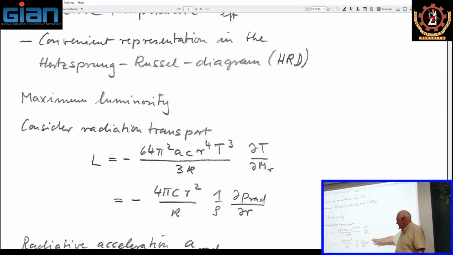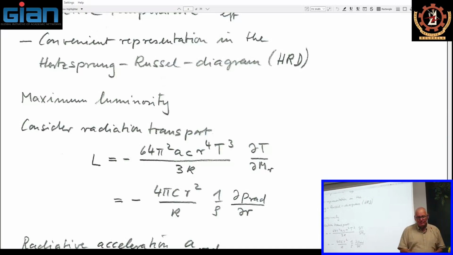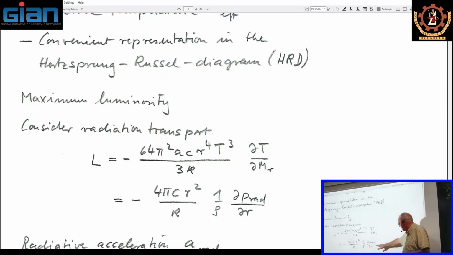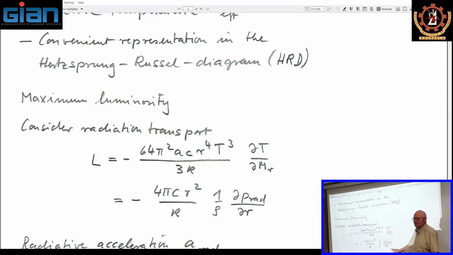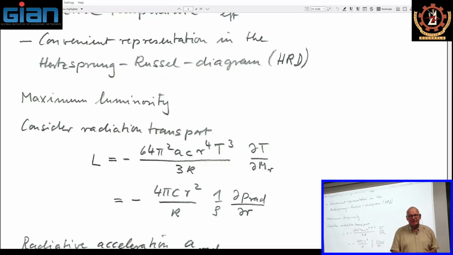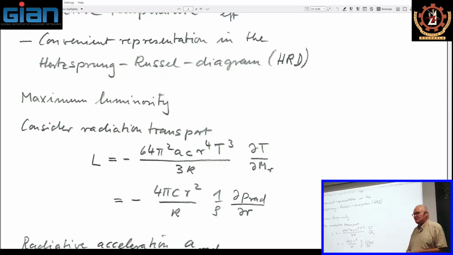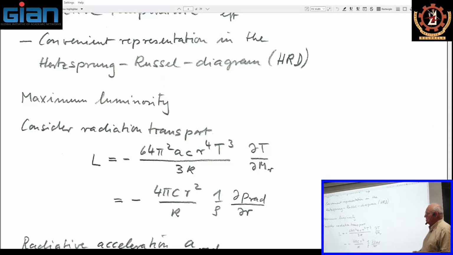Well, a gradient of a pressure is nothing else but a force per volume. Pressure is force per area, so this is force per volume, and we can get an acceleration from that simply by multiplying it by 1 over the density. So 1 over the density times the gradient of the radiation pressure is the acceleration exerted on matter by the radiation pressure.